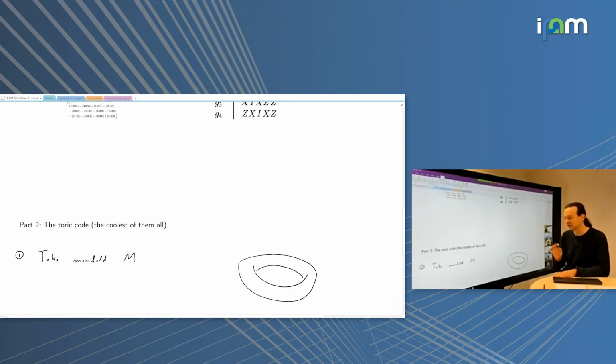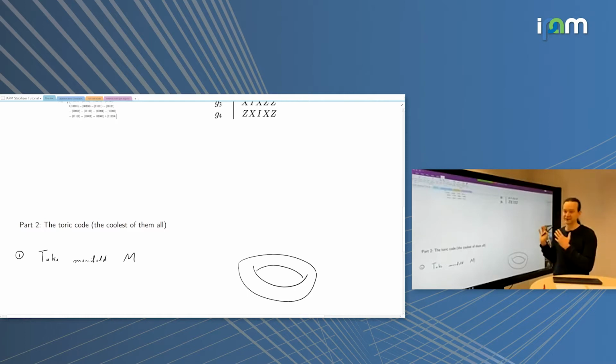I want to give a short teaser: we want to apply the theory built up in the first part to construct a particularly cool stabilizer code, a particularly cool set of tensors. I'm not going to explain anything here, but make a bit of advertisement for the second part.